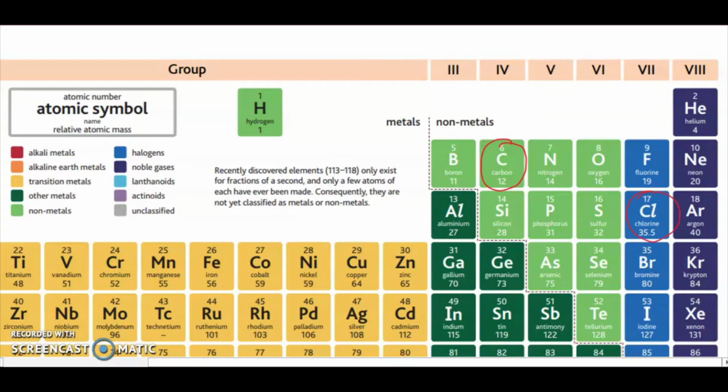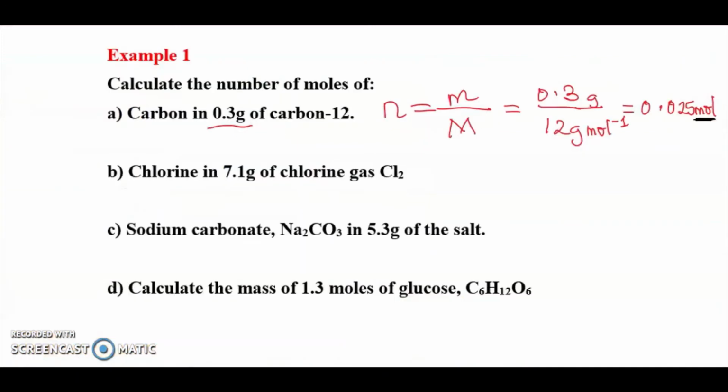So we can see that chlorine has a mass of 35.5. So the molar mass of a chlorine molecule is 71 grams per mole. Remember, we have 35.5 times 2 because we have 2 atoms here, and that gives us 71.